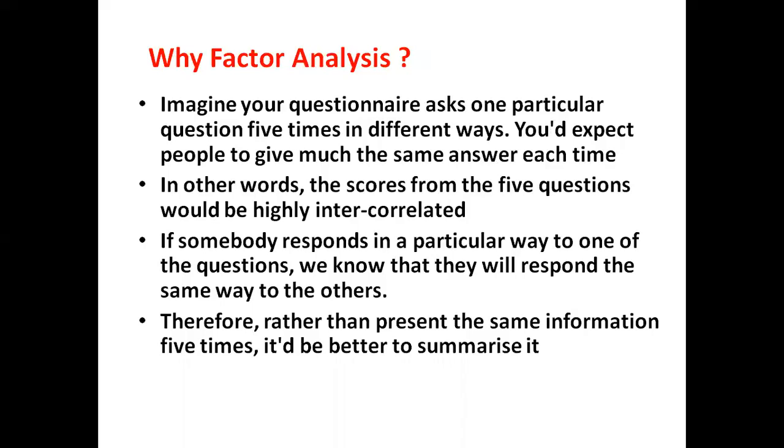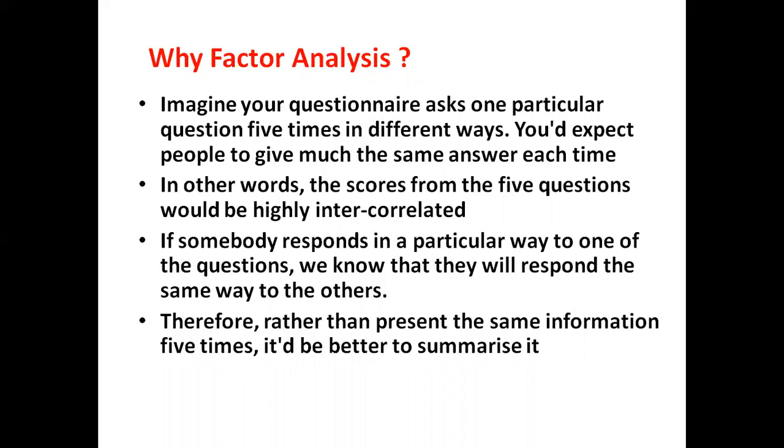Imagine your questionnaire asks one particular question 5 times in a different way. You would expect people to give much the same answer each and every time. So in other words, the scores from the 5 questions would be highly intercorrelated with each other, right?